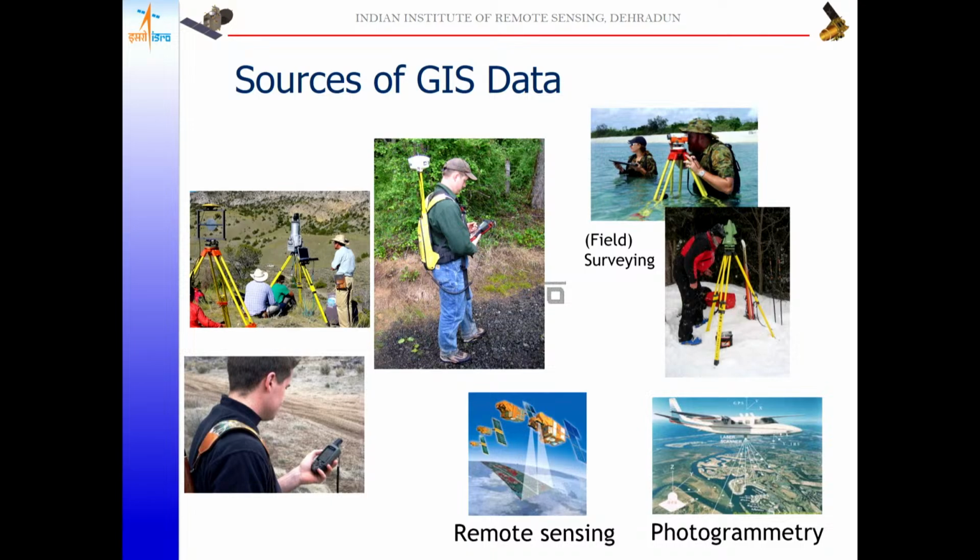Another source is performing field survey. Using field survey instruments we can conduct a survey, we can model the building structures and all. So that is again another direct source of data. Then we can have a remote sensor mounted on an aerial platform, such as a sensor mounted on an aeroplane or helicopter, which can be used to perform aerial photography.